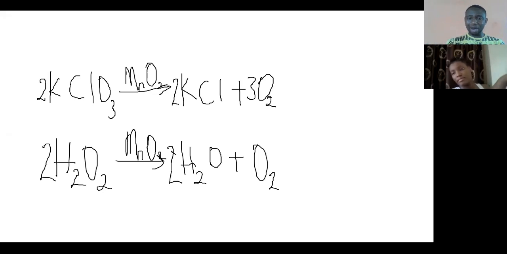We need dry oxygen gas, and it can only be obtained by passing it through concentrated H2SO4. So H2SO4 serves as a dehydrating agent. That is why we use H2SO4. All right, very important.